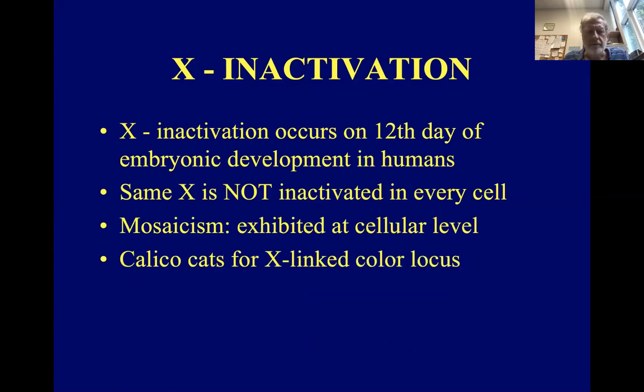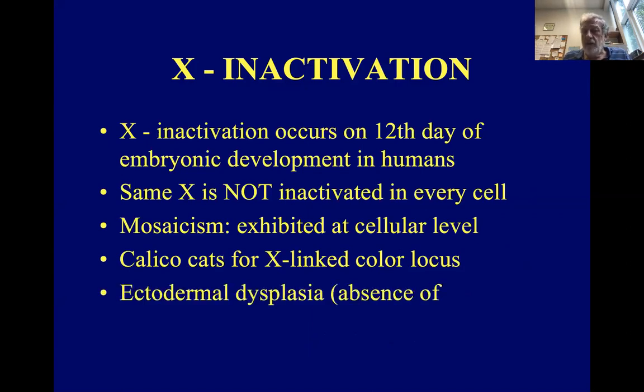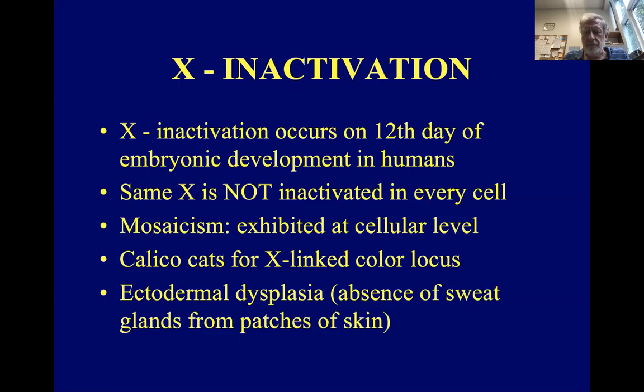Calico cats are a great example of this, as are tortoiseshell cats, all being females. Women can have something called ectodermal dysplasia. If they're heterozygous for that, that means they have patches of skin on their body with no sweat glands.